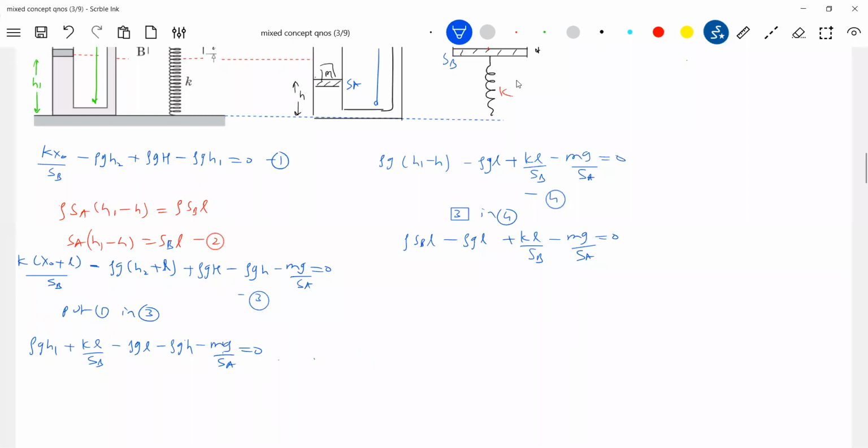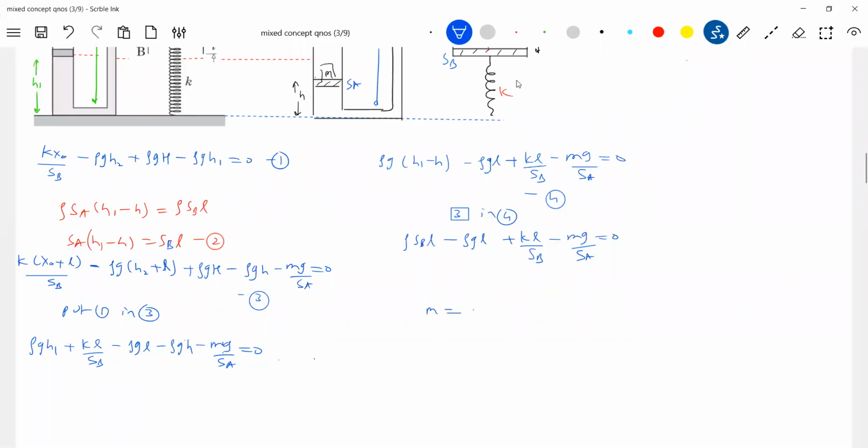Can anybody simplify? L is also a known thing. Anybody got the value? Or shall I write the answer directly? Will you verify? I'll go for the next question. So all things are known. SB equals eta SA, something is telling. So from that SA will get eliminated, SB will get eliminated.